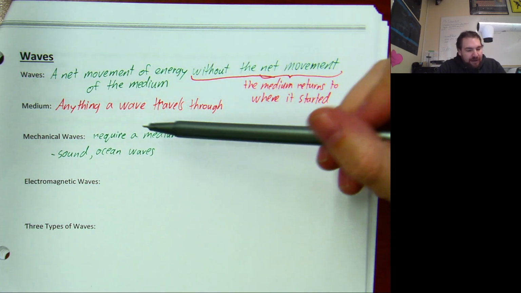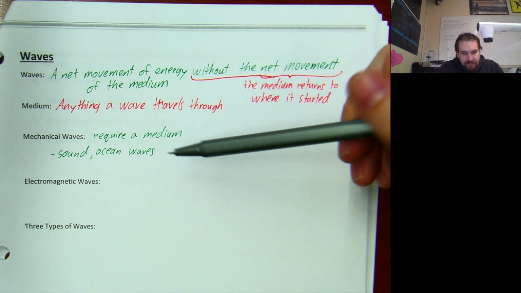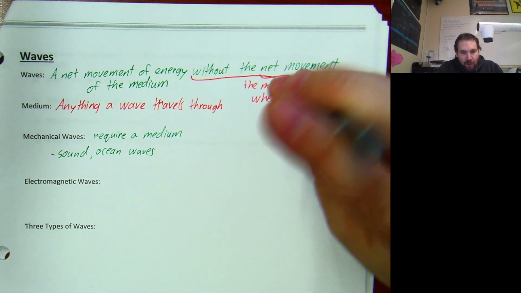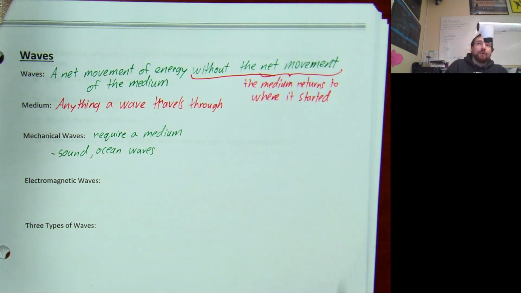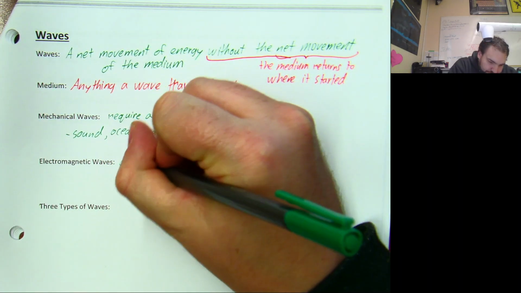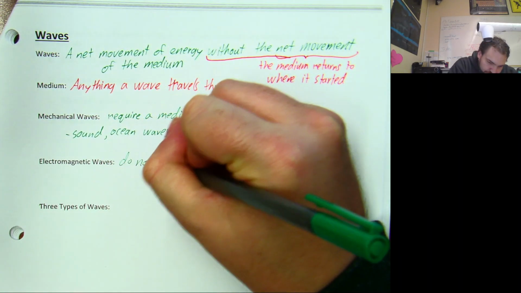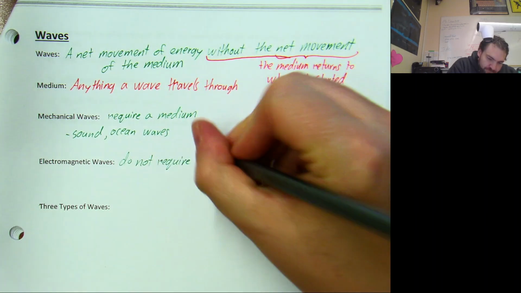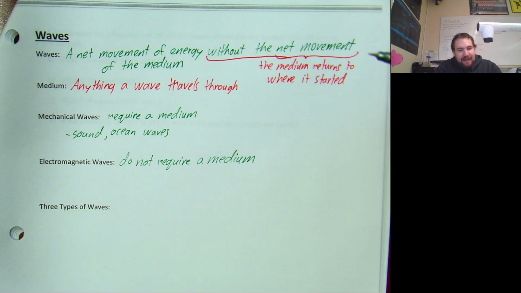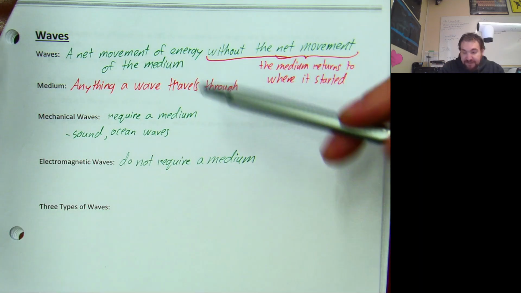We talked about mechanical waves. Mechanical waves require a medium. Things like sound waves and ocean waves require a medium. And then there's the electromagnetic waves. These ones do not require a medium. I can think of far more examples of electromagnetic waves than we thought of mechanical waves.